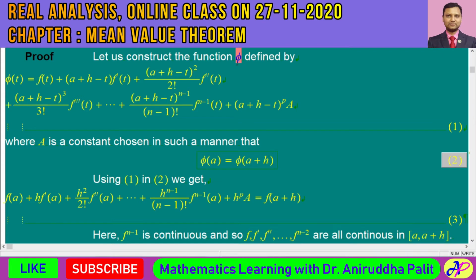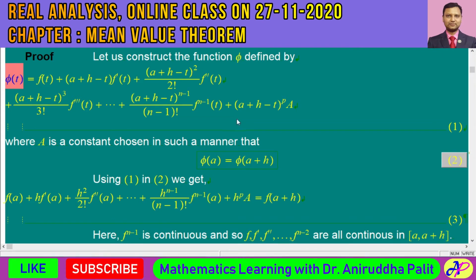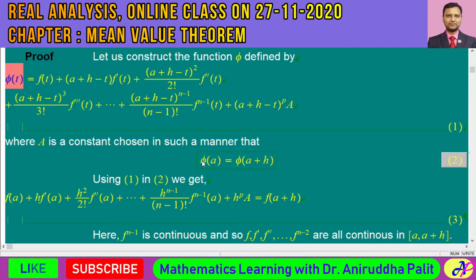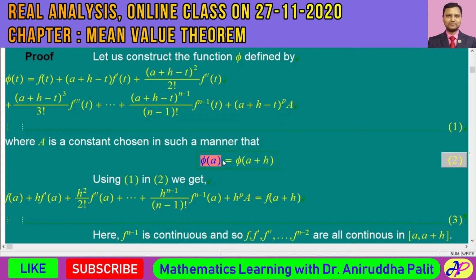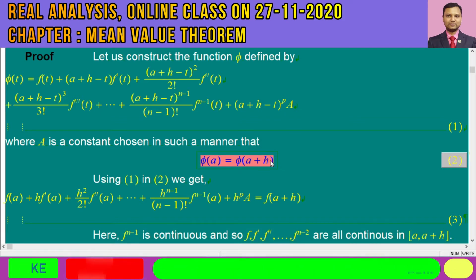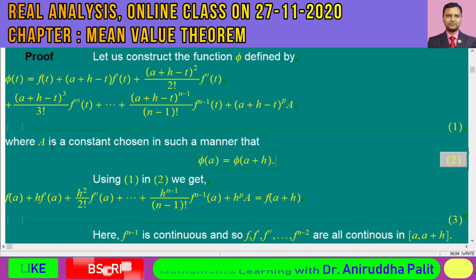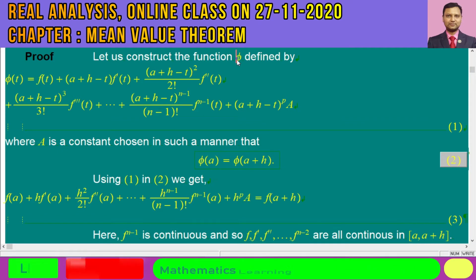And secondly, we are going to prove that the derivative of this function phi exists in the open interval a comma a plus h. And thirdly, we have chosen that capital A is a constant chosen in such a manner that phi of a is equal to phi of a plus h. Therefore, it is clear that our target is to satisfy the conditions of Rolle's theorem by the function phi.